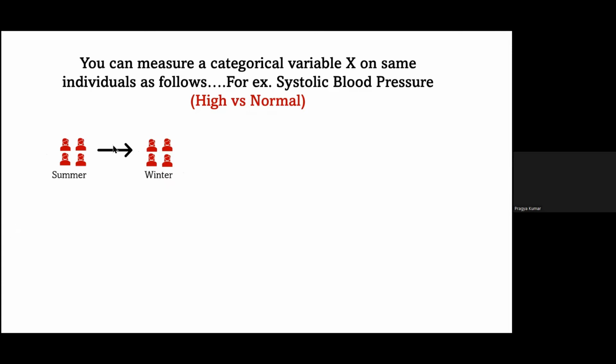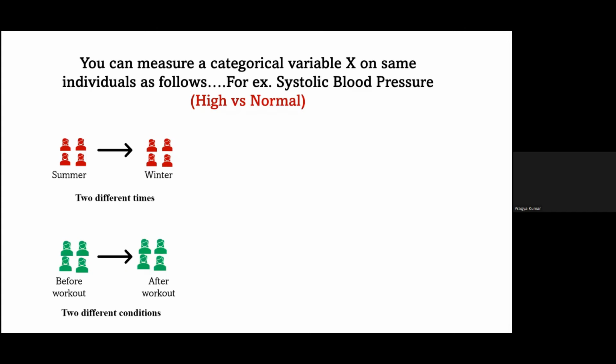And I have made a categorical variable from this continuous data. So I have categorized the proportion of students who were having high BP in summer and the proportion of students who were having high BP in winter. And if I have to test these two proportions, I'll use the McNemar test of two proportions, at two different time points.